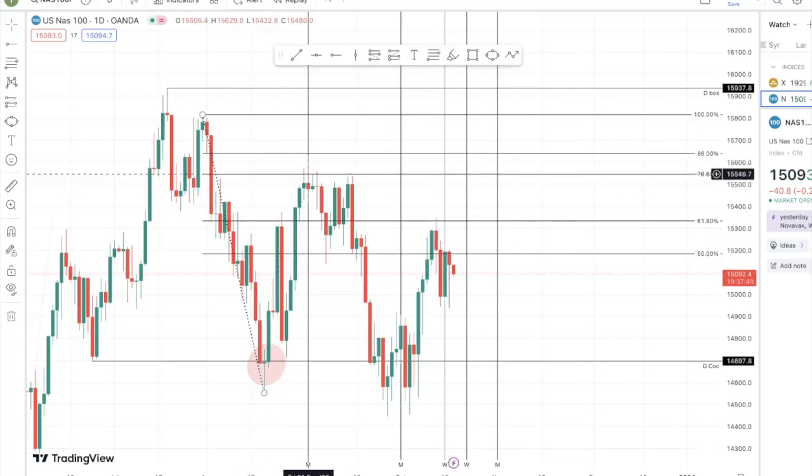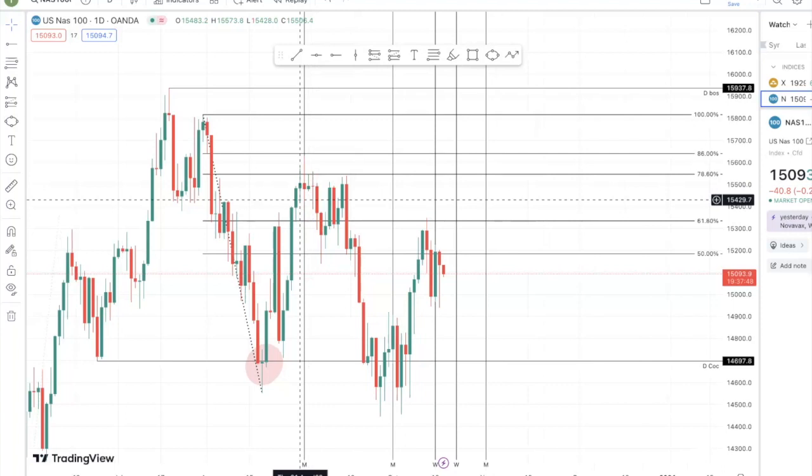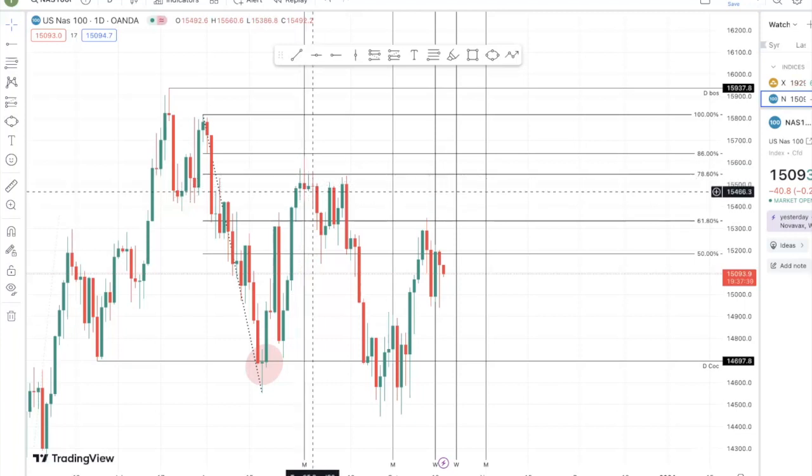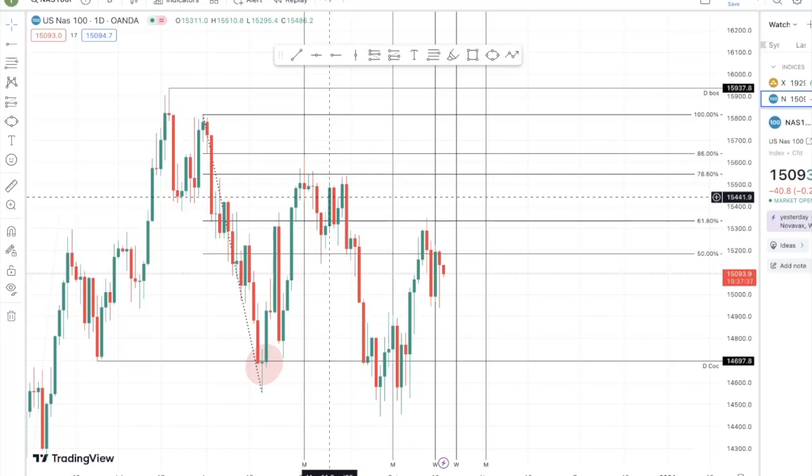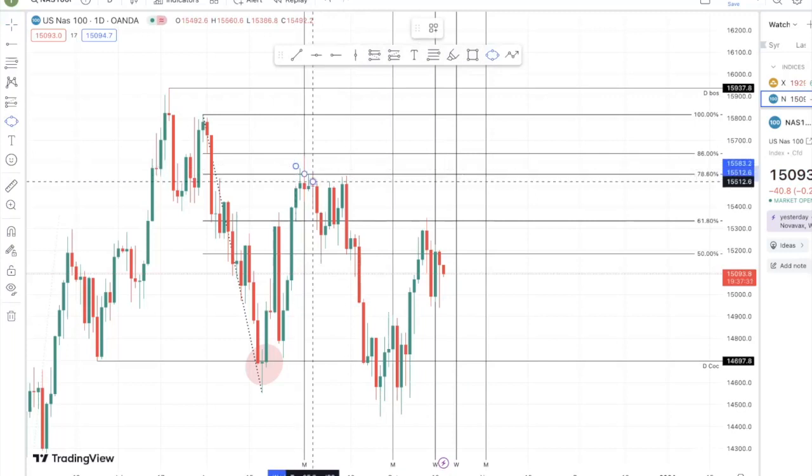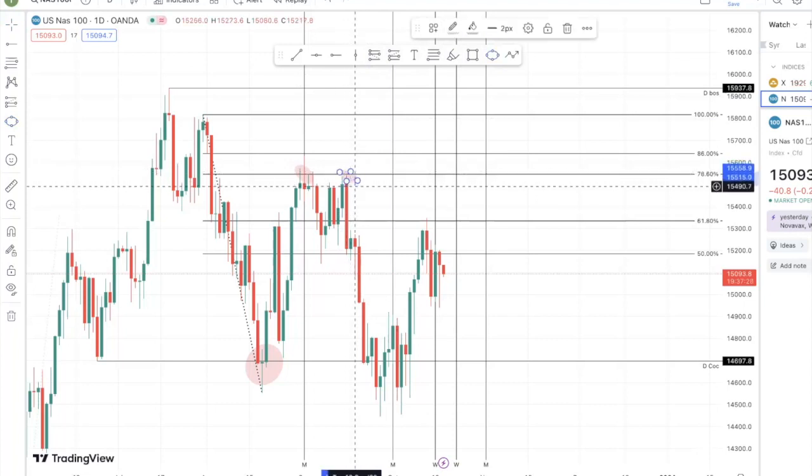So for here, as you can see, we have about 4 days of wick action or doji price action on our 78.6 zone. So I'm just gonna highlight these areas so you guys can get a better picture of what's going on, right?